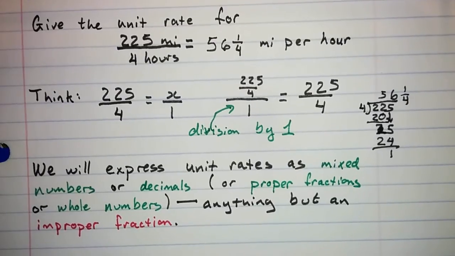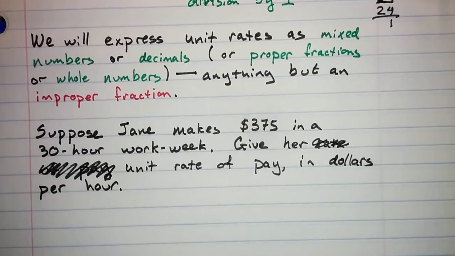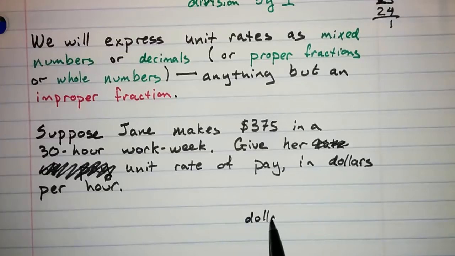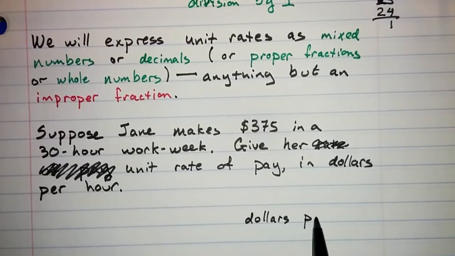Let's see another example. Suppose Jane makes $375 in a 30-hour work week. Give her unit rate of pay in dollars per hour. So we want to give her rate of pay in dollars per hour.